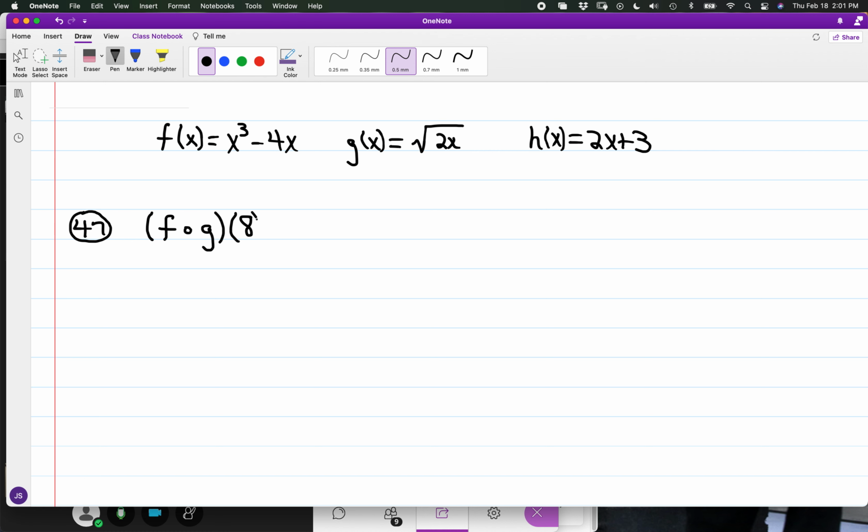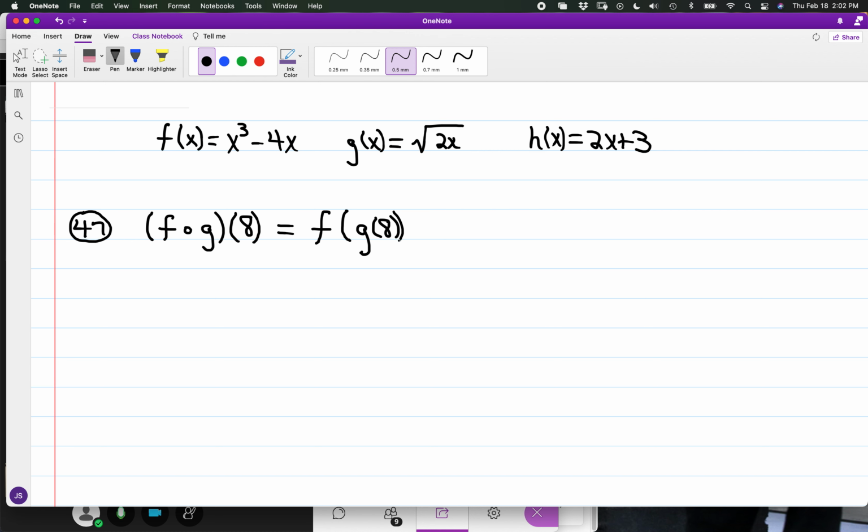This is the compositional notation, and putting the composition exclusively in functional notation, in the rewrite we have f of g of 8.